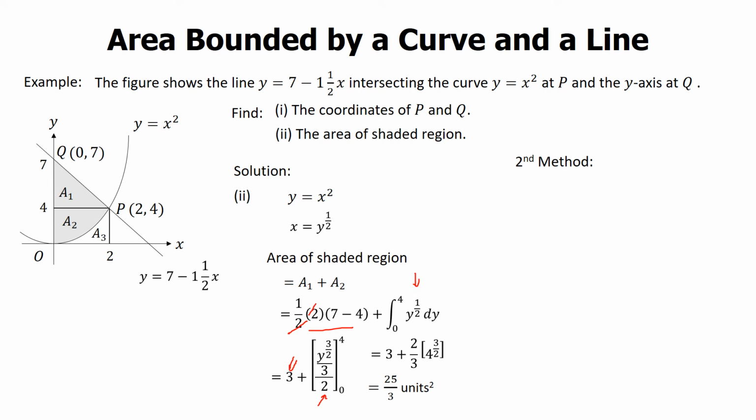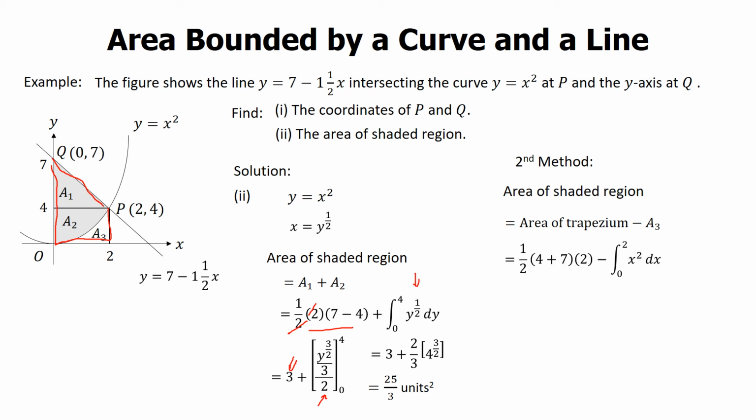There's another method. Maybe you can see the area under the graph and above the x-axis. So the area of the shaded region will be the area of the trapezium minus A3. Do you see the trapezium, which is this shape from here to here and here? So this is the trapezium.